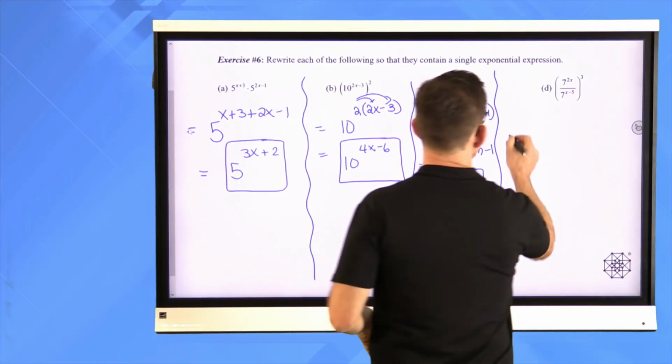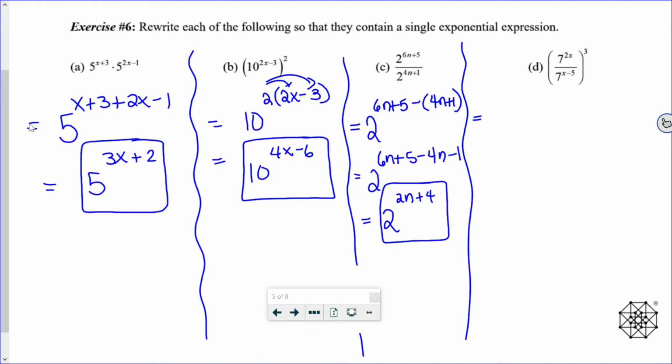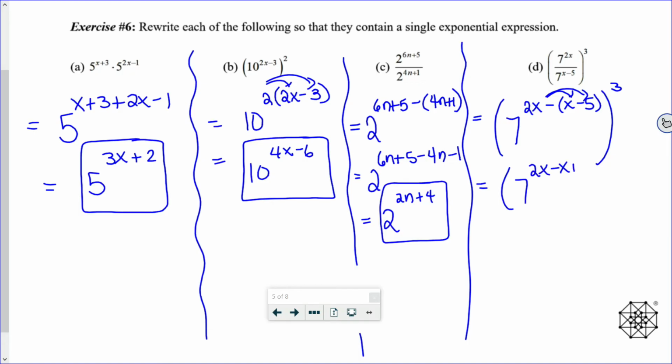So I'm going to use my third exponent law to say what's inside of that parentheses must be 7 to the 2x minus, and again, here we go again, x minus 5, and I'll worry about that cubing later on. Now I'm going to have to distribute that subtraction. So that's going to be 7 to the 2x minus x plus 5, all to the third.